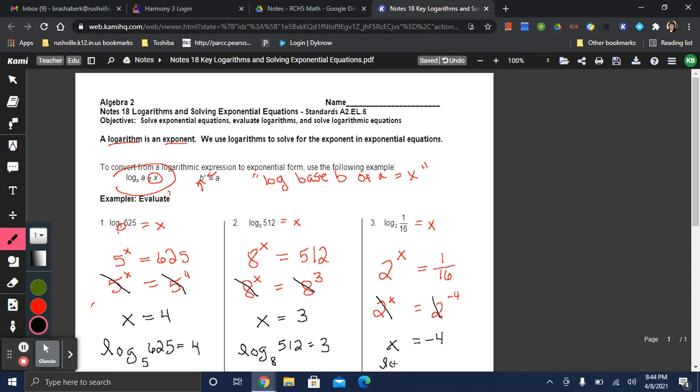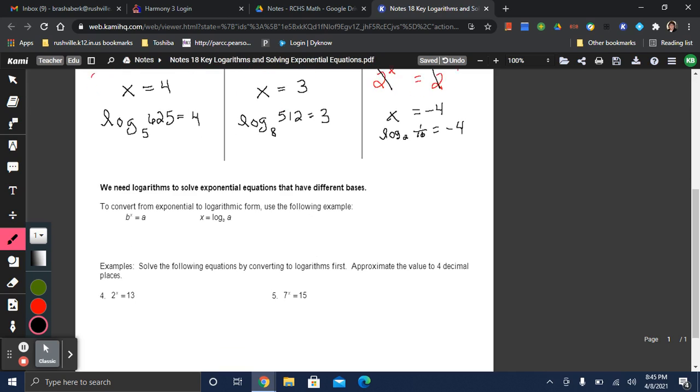So the log base 2 of 1/16 is equal to -4. So again, logarithms equal exponents. And we'll use a logarithm to solve exponential equations.